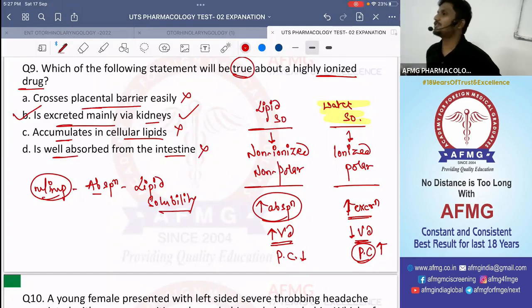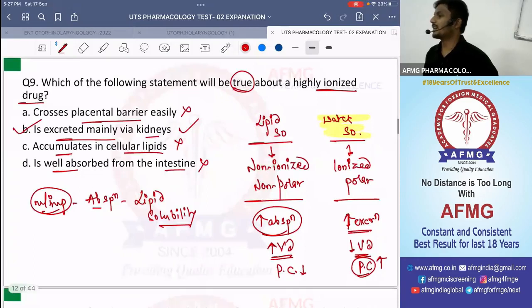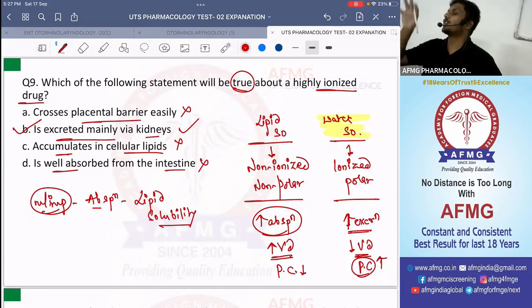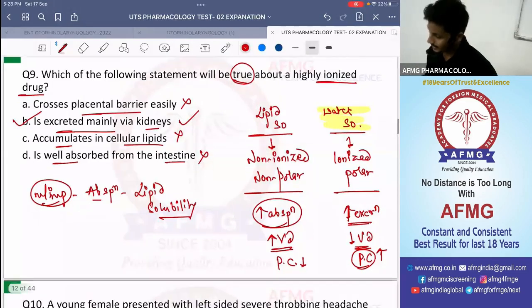Okay, even non-injectable routes like transdermal, inhalational, or nasal route. No issues to anybody? 100%. Again, easy questions here. 100% bioavailability is seen with intravenous route. And what is bioavailability? The fraction of the drug which will reach the systemic circulation in an unchanged form. That is what is bioavailability.